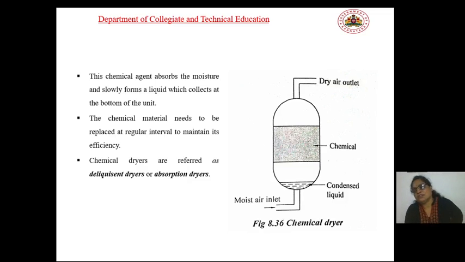Like in a water filter, where we use certain minerals, here also we are using chemicals. The unwanted things will be attached or settled there. Chemical dryers are referred to as deliquescent dryers, or also absorption dryers.